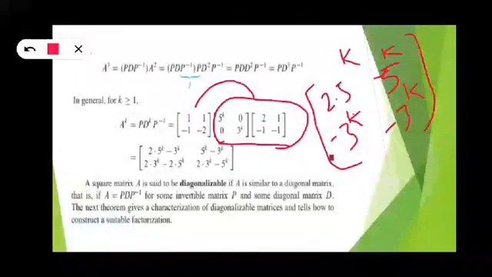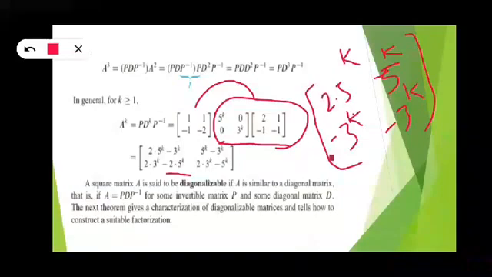So multiply this with this: 1 into 2 into 5 power k. Next 1 into minus 3 power k will be minus 3 power k. Next 1 into 5 power k will be 5 power k, 1 into minus 3 power k is minus 3 power k. Next minus 1 into 2 into 5 power k will be minus 2 into 5 power k. Minus into minus will be plus, so 3 power k.